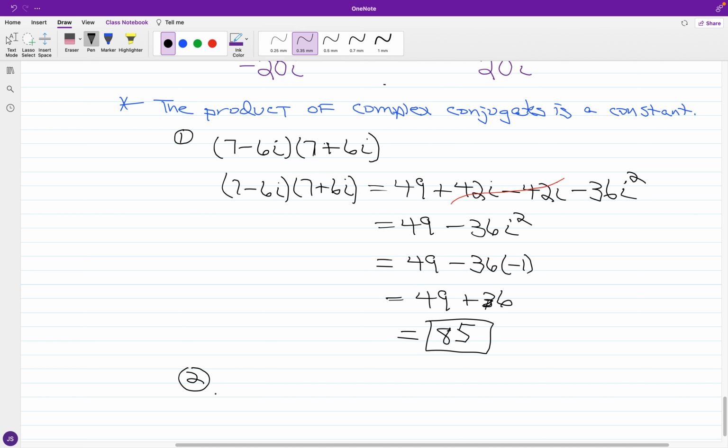Also, let's say we're multiplying out conjugates, and we dealt with negative 20i, where the conjugate was 20i. Say if I multiply these together, negative 20 times 20 will be negative 400. i times i becomes i squared.